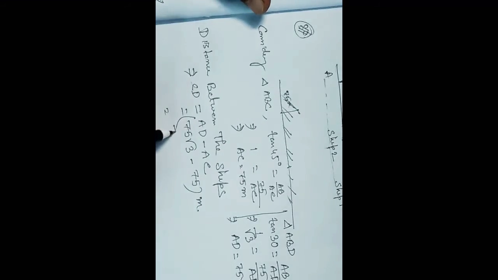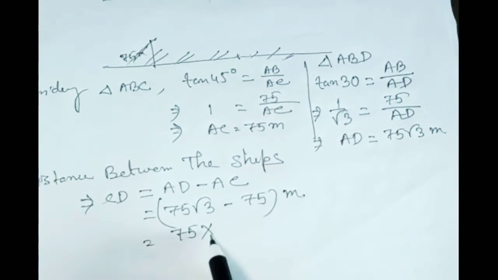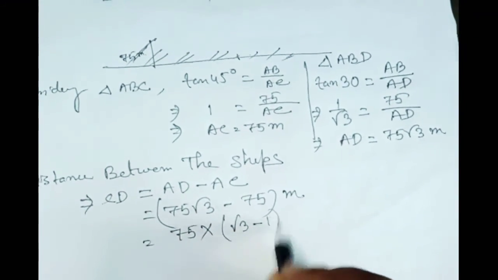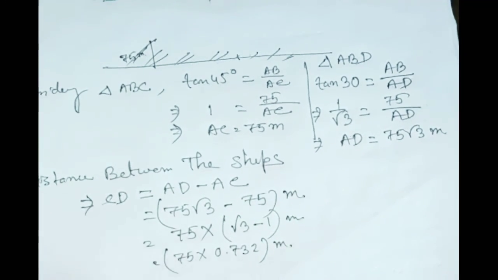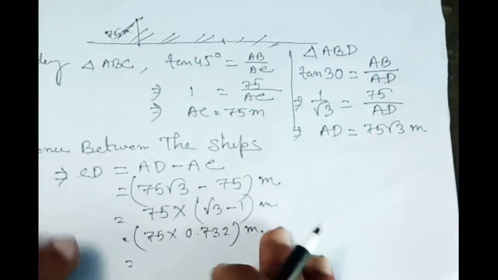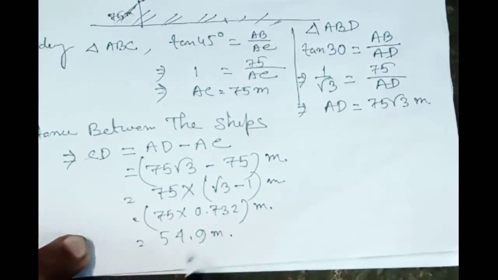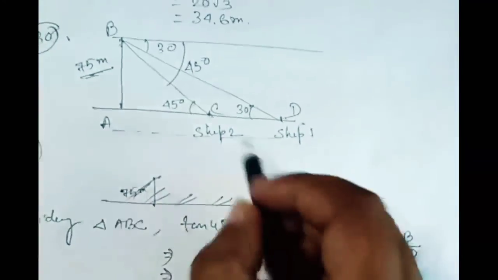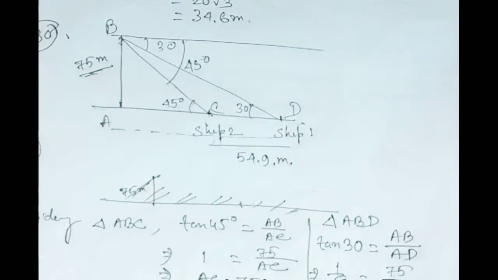So it is 75 root 3 minus 75 meter, or 75 into root 3 minus 1 meter, 75 into 0.732 meter. If we calculate it, this is equal to 54.9 meter. So this is the distance CD, so the distance between the two ships is 54.9 meter, and that will be the answer.